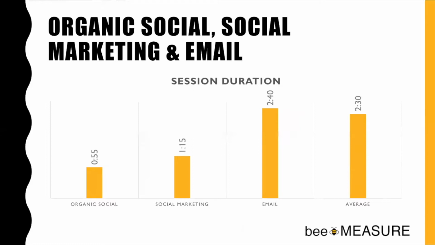In this case, I was looking at our social traffic that was coming to the site based on what the marketing team was putting out there versus social traffic that was coming to the site based on just people finding our content on Facebook and Twitter and Instagram and where else.